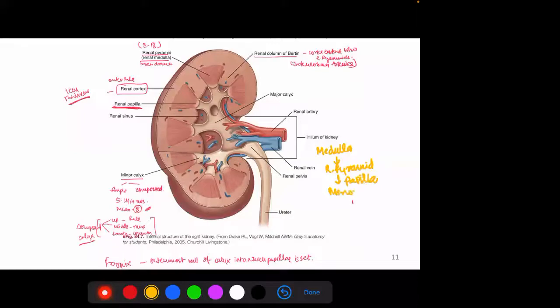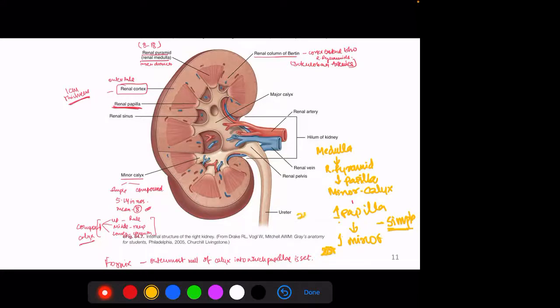When one papilla opens into one minor calyx, it is known as a simple calyx. When two or more papillae open into one minor calyx, it is known as a compound calyx.